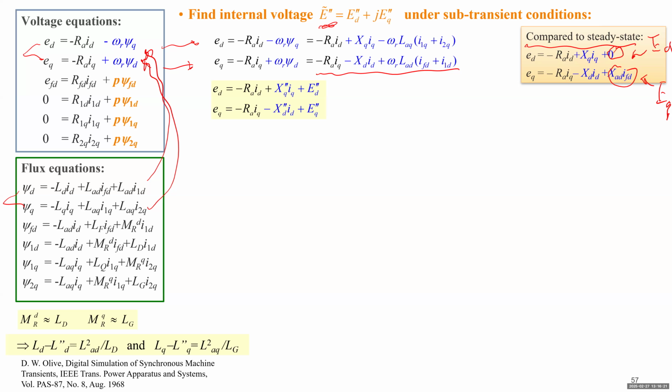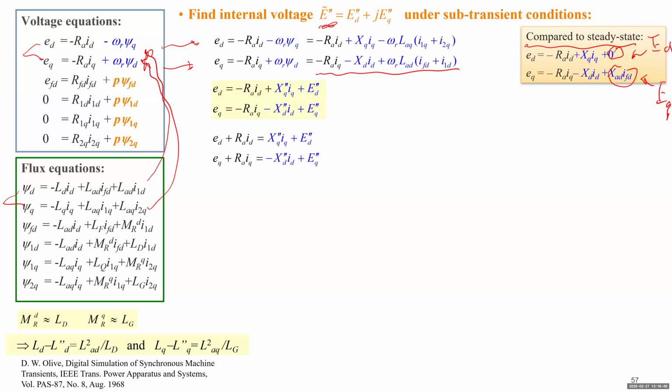This one will have the same structure as the steady state equations, and we just need to figure out a formula describing ED double prime and EQ double prime. XD double prime and XQ double prime are already defined. If you use the hard copy from the previous lecture, I missed a minus sign here. That's just a typo, but you can easily tell.